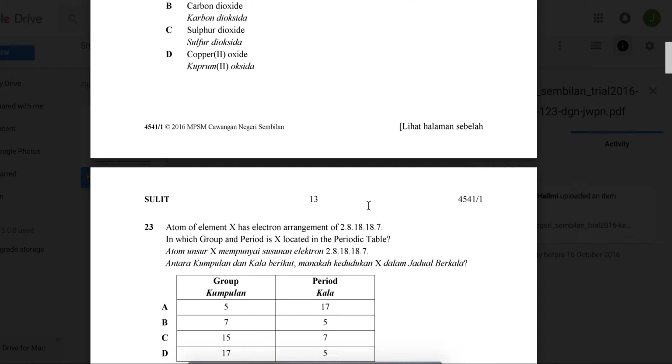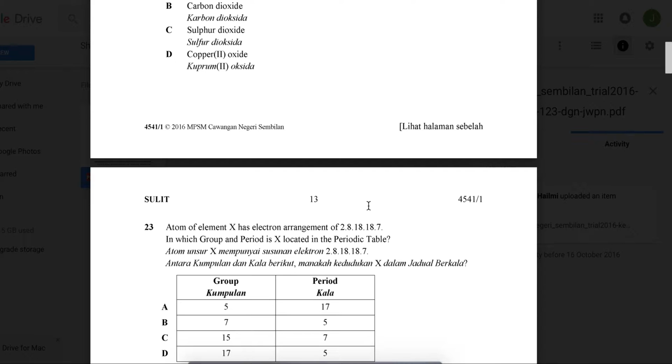The group is based on the number of valence electrons. We have 7. Does that mean the group is 7? Think, guys, remember I said that when the valence electrons are 3, 4, 5, 6, 7 or 8, you have to add 10 to the valence electrons. So the group should be 17.